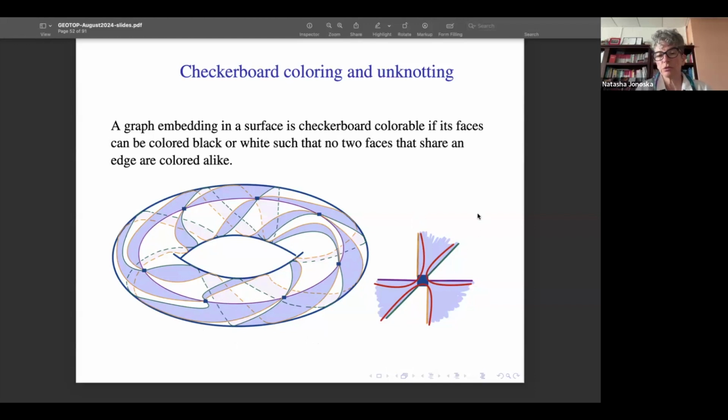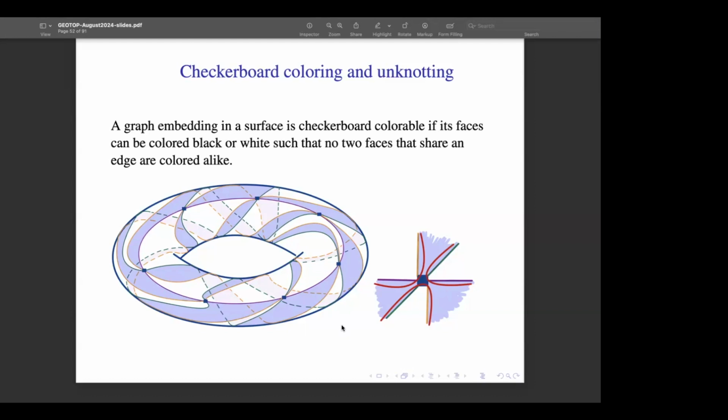So that's not good. I should go yellow, then green. And that would be good. In some sense, we avoided the knottedness, but only for one traversal of the graph.